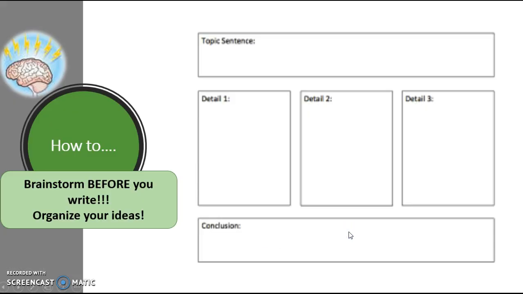So one suggestion is brainstorm before you write. Think about your topic sentence. Think about the details or supporting ideas, facts, examples that you want to include in your paragraph, and a conclusion. And this you can just write notes and just think it out before you write. Then use your notes to help you write the paragraph.